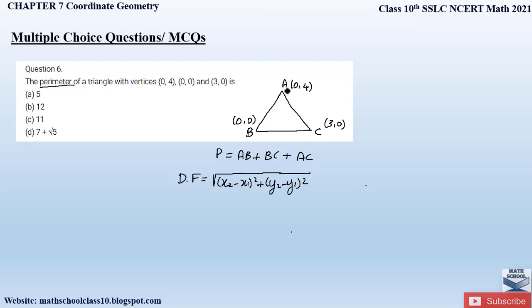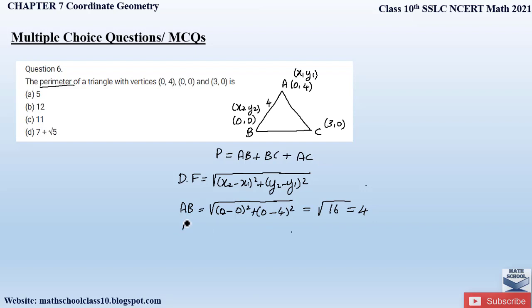Right, so first we will find out the distance AB by taking point A as x1, y1 and point B as x2, y2. AB is equal to square root of what is x2? x2 is 0 minus x1 is also 0 plus y2 is 0 minus y1 is 4 the whole square. So here this term is 0. So square root of minus 4 the whole square is 16. Square root of 16 is again 4. So the distance AB is 4.